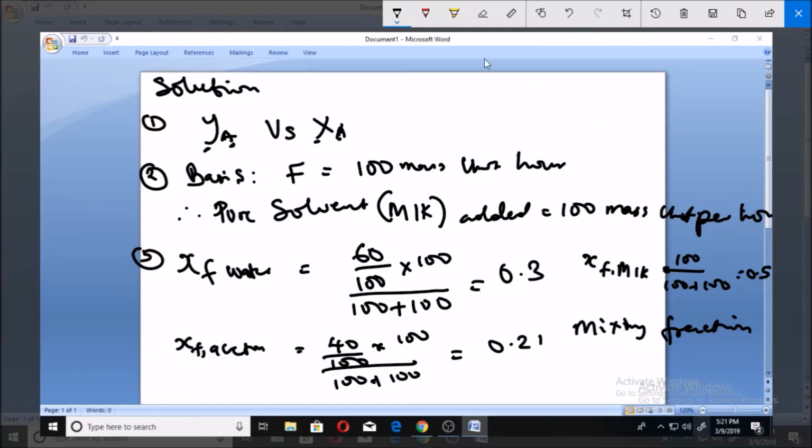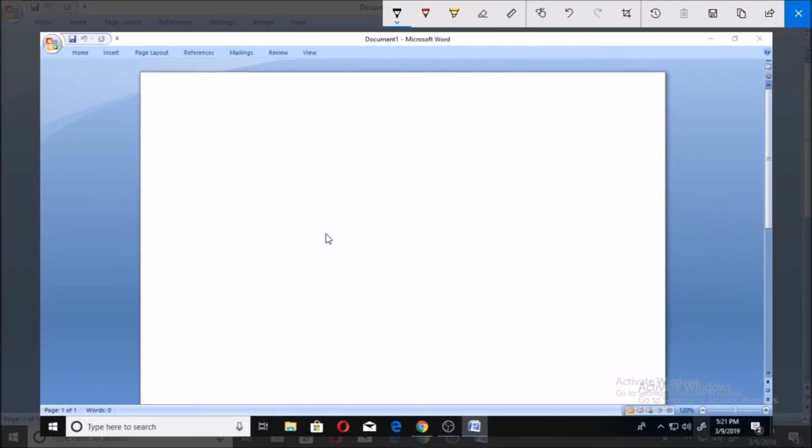I'm going to delete this so that I can continue. Now we do the fourth thing. We say SF of water, which we have already found, SF of acetone, which we have already found, and SF of MIK.